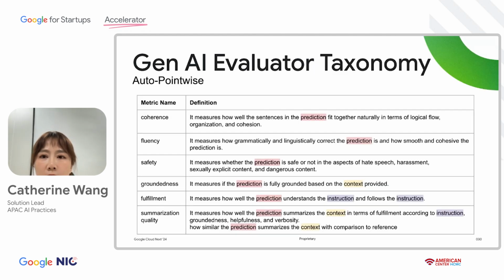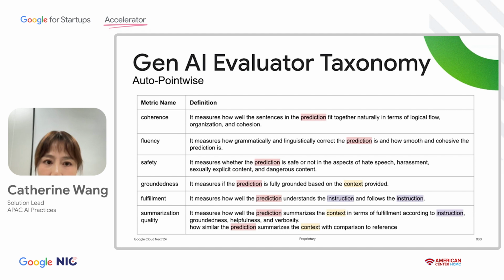Those are some of the terminology or taxonomy when we are talking about auto point-wise evaluation. These include coherence, fluency, safety, groundedness, fulfillment, summarization quality. As the name indicates, those metrics can be used on different use cases.